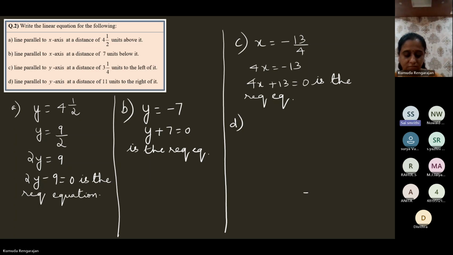Ma'am, is it x is equal to 11? Yeah. It's parallel to the y-axis, so it will be x is equal to, and on the right side, so positive, distance is 11, correct.